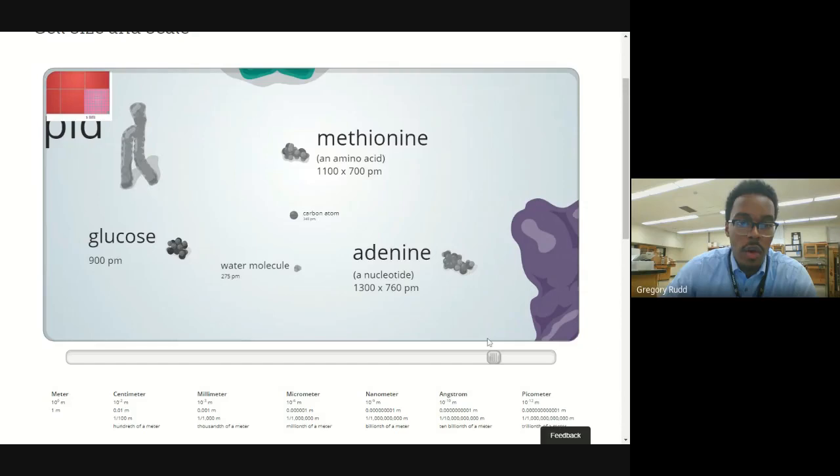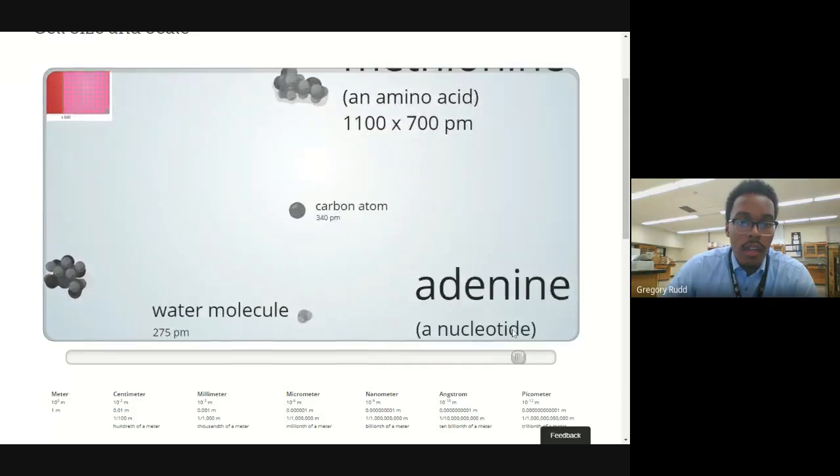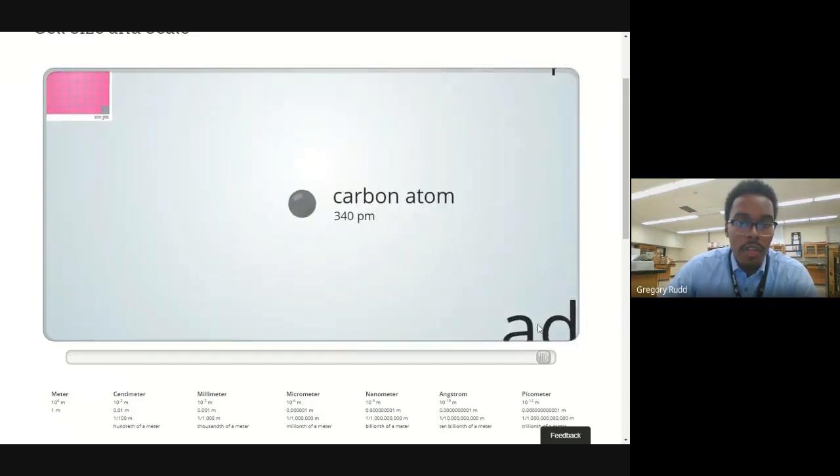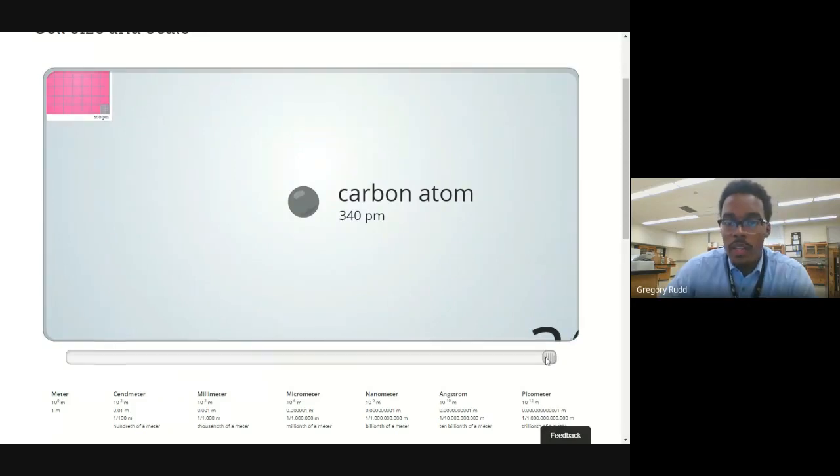That's very, very small. And there's the carbon atom, 340 picometers. We can go smaller than that, but these are things that you cannot see with microscopes. We were theorizing about what these look like essentially.